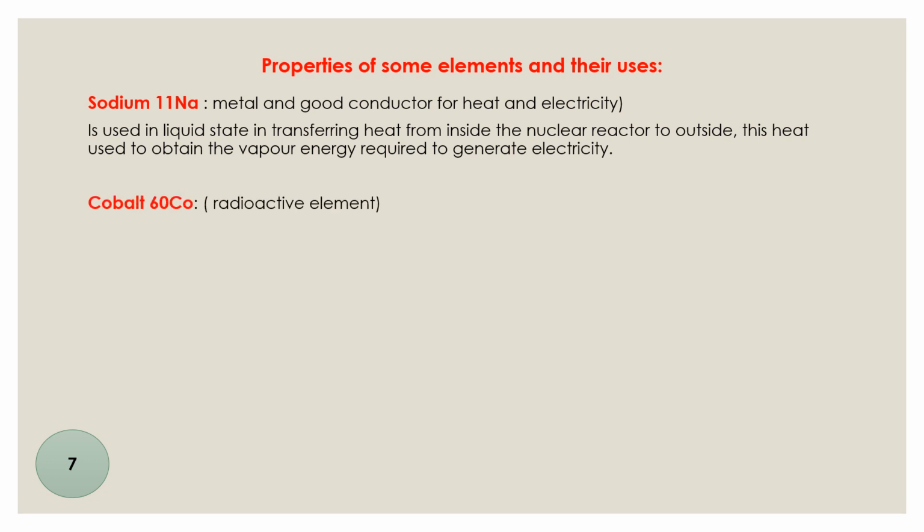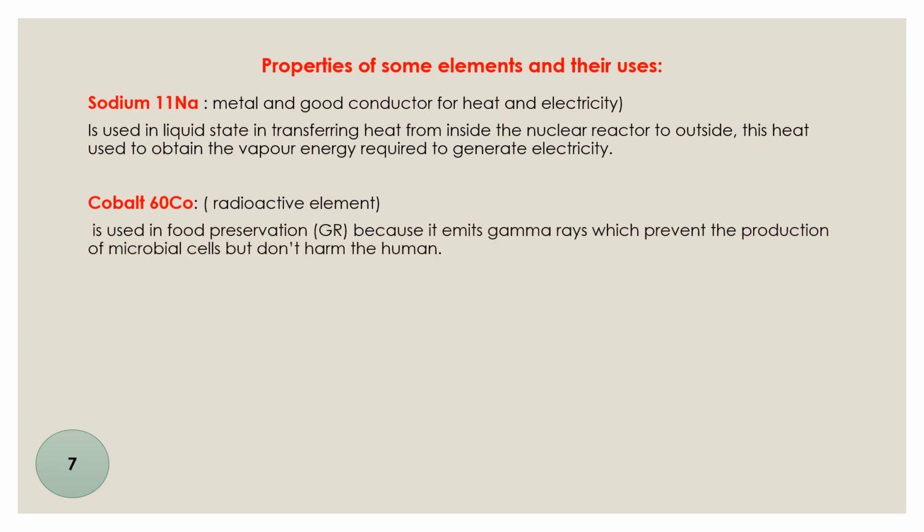What else? Cobalt 60. Cobalt 60 is a radioactive element. What is the use of this? It's used in food preservation. What's the meaning of food preservation? Making our food stay healthy.